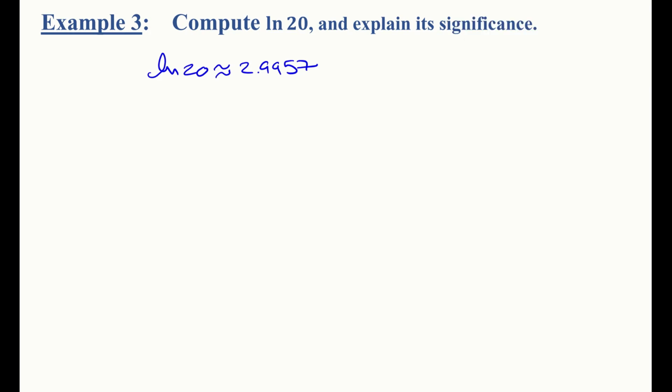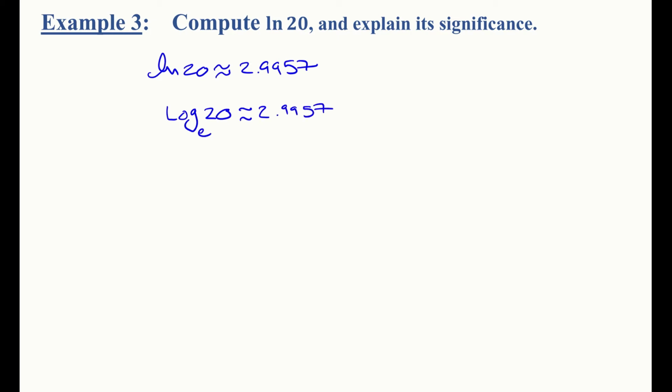Now, we also want to know the significance of what we have just found, because we can teach a child to type in ln of 20, but the child won't ever understand what it means. But we have the capability to know what that is, so we always should. Remember, we have just computed log base e of 20, and we have found that to be 2.9957.